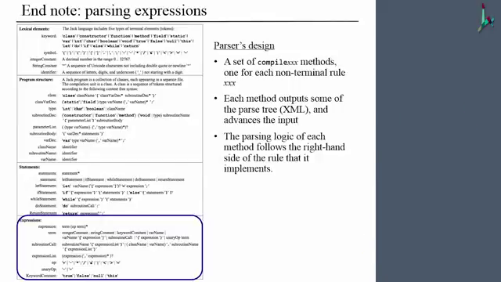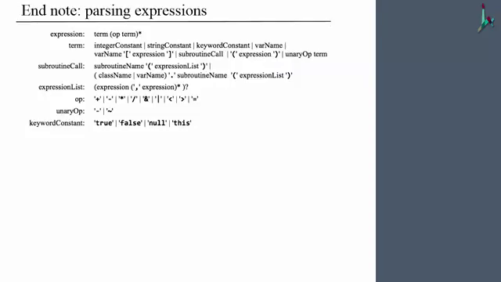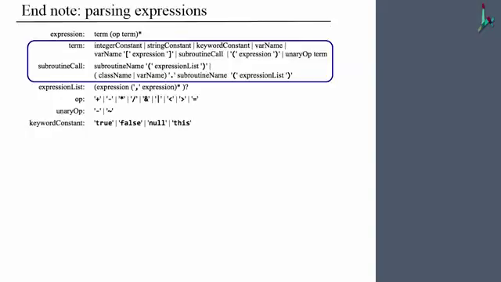So let's zoom into the handling of expressions. We see here the grammatical definition of expressions in Jack. The thing that makes the handling of expressions somewhat challenging is the handling of the term rule, the rule that handles the term non-terminal. Now think about it.